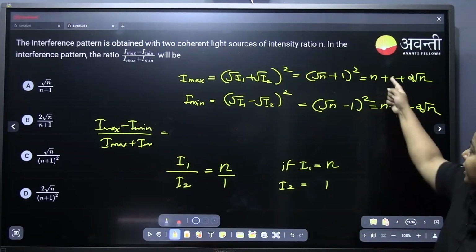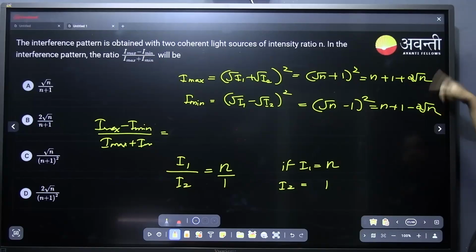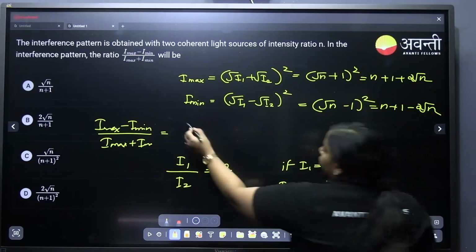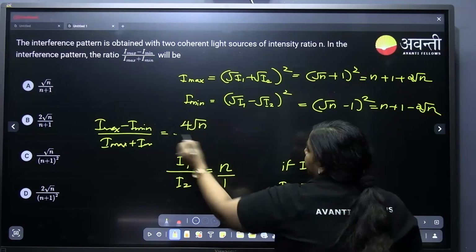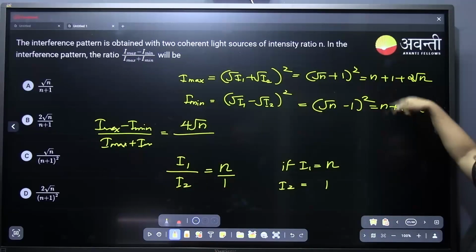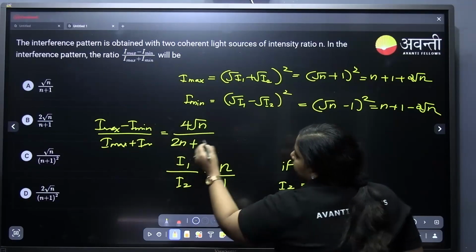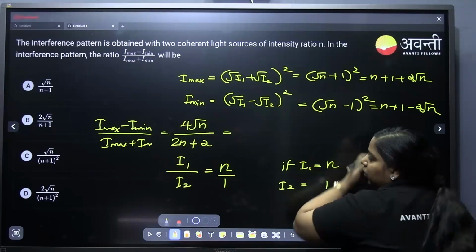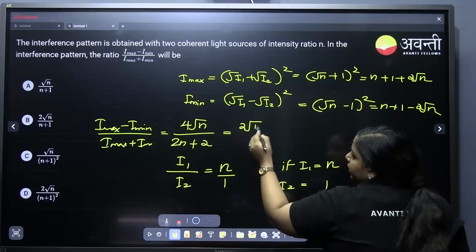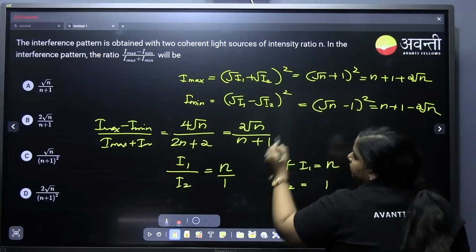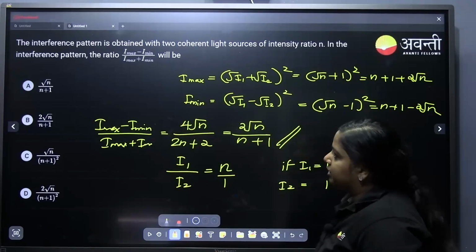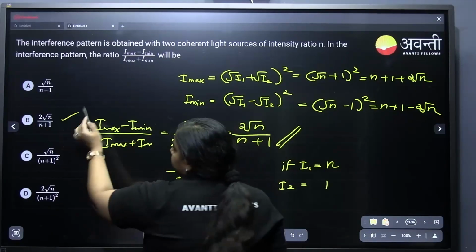Numerator is Imax minus Imin, so this will get added up. You will get 4 root n divided by adding these two, 2n plus 2. Let's take 2 common, you will get 2 root n divided by n plus 1. This will be the answer. Option B.